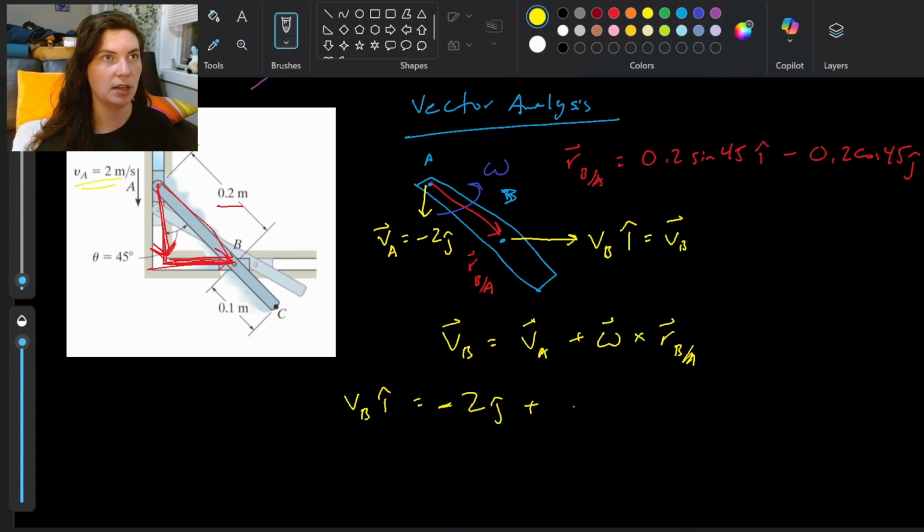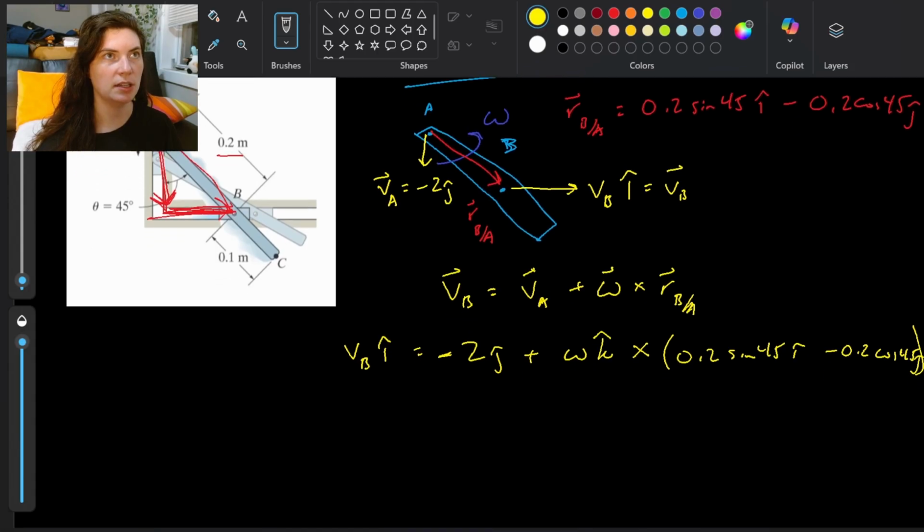So that's going to be plus omega. We don't actually know what the angular velocity is here, so we'll just leave it as omega for now. Omega k hat cross product with our position vector: 0.2 sine 45 i hat minus 0.2 cosine 45 j hat. I'll go ahead and do this cross product.